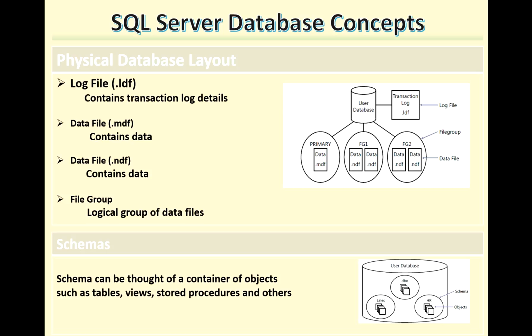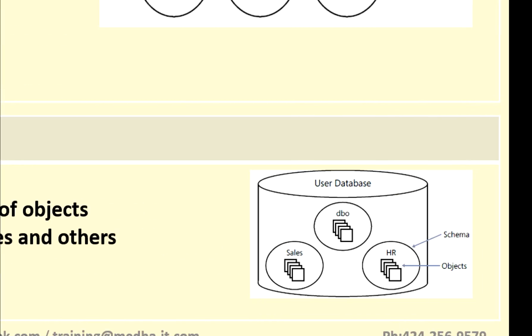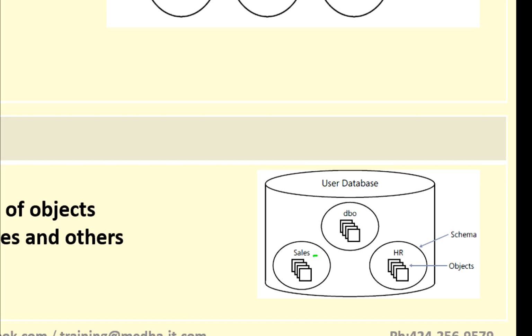So if you want to segregate the tables, you use a schema. Basically you are logically grouping the tables by schema. In this example we have two different systems, the sales system and the HR system. Let's say the sales system has 10 tables and the HR system has another 15 tables.